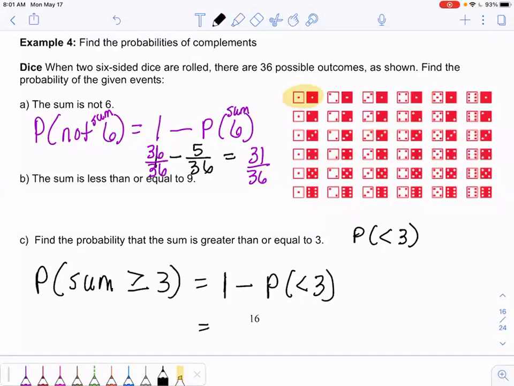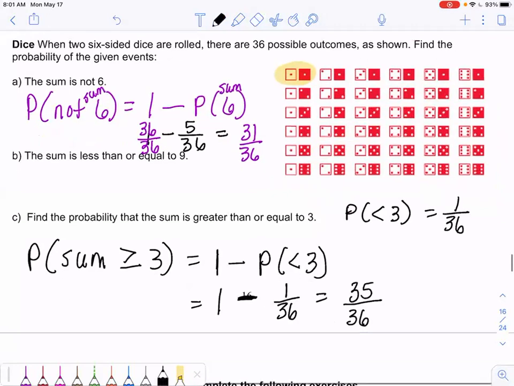So to find the probability, I would say I'm taking 1 minus 1 out of 36, because there's only one time where the sum is less than 3. So Jaden, that means how many pairs would be greater than or equal to 3? The other 35 out of 36 pairs.